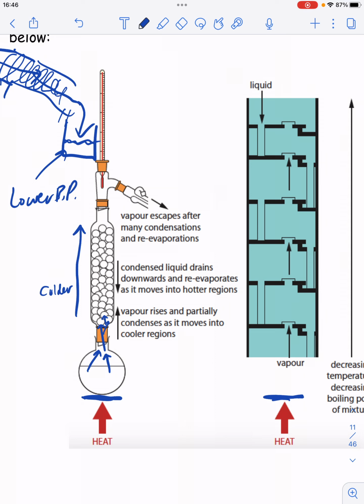And so by having all these little beads in this column, you get a series of evaporations and condensations, evaporations, condensations, evaporation, condensation. So by having lots and lots of surfaces, you increase the amount of cycles of evaporations and condensations. And basically what a column like this does is it really amplifies any differences in volatility.